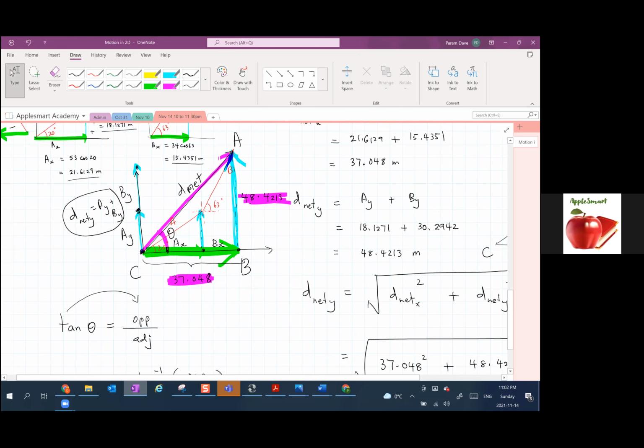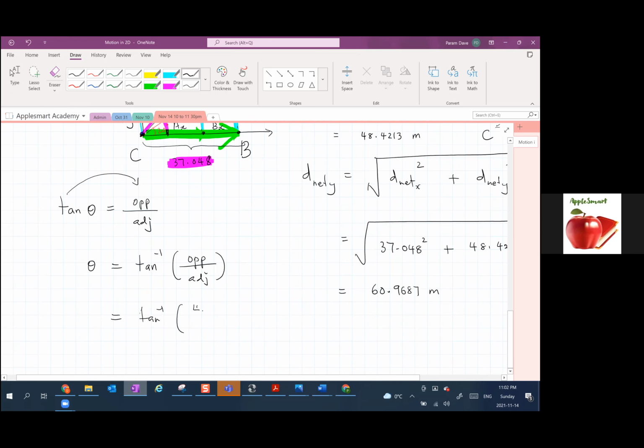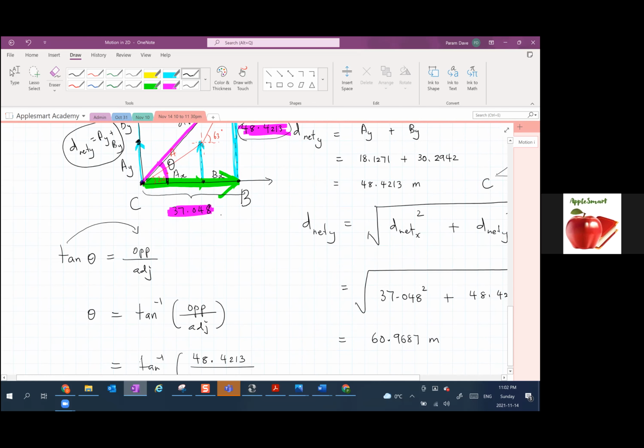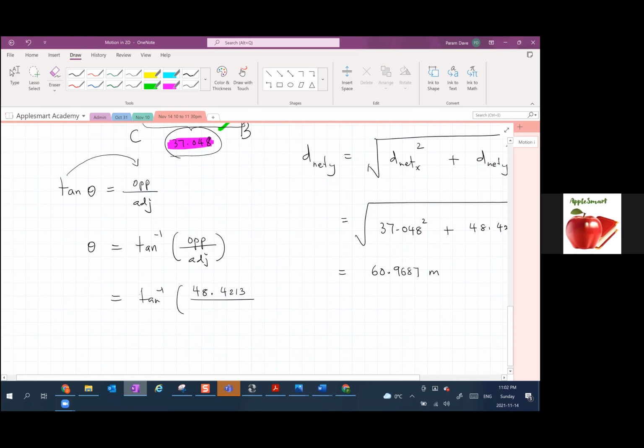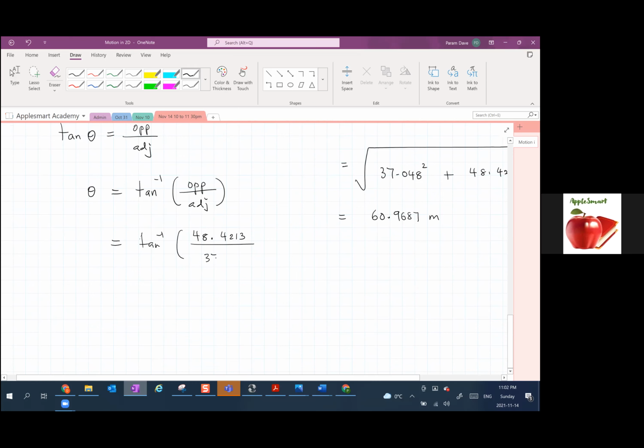Now, opposite side is this one over here, opposite of the theta. So 48.4213, divide that by the adjacent side, which is the net x, 37.048. Okay, and so in your calculators, you would press the function or the shift button, one of the two, usually it's the top left.